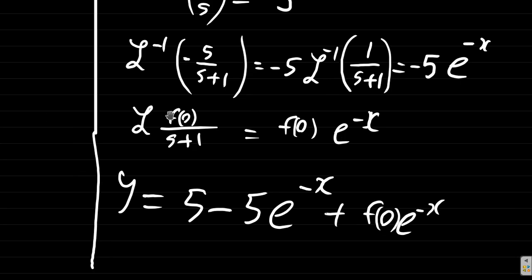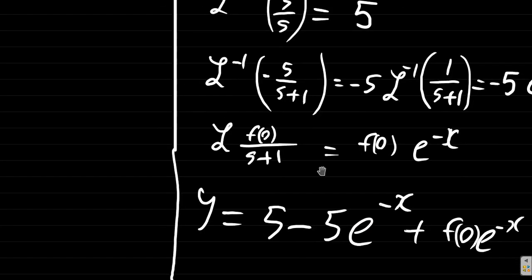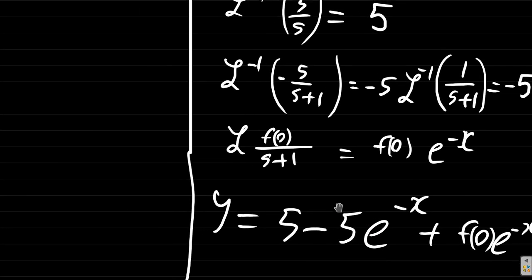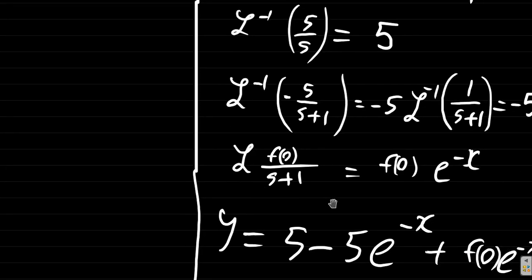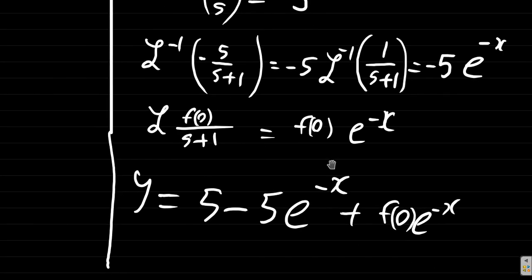Now let's compare them. What we had here was y equals 5 plus this. Let's simplify this first before we compare. We can factor out the e to the negative x.